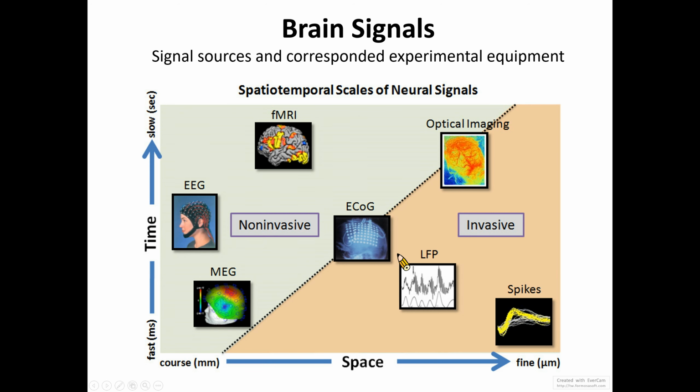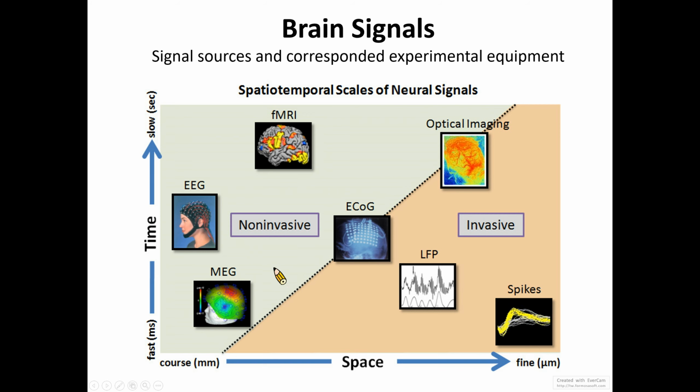Before that, I want to give you a very brief summary of how we measure the brain signals using different kinds of tools. In this figure, the horizontal axis is the resolution of the measurements in space, and the vertical axis is the resolution of the measurements in time.